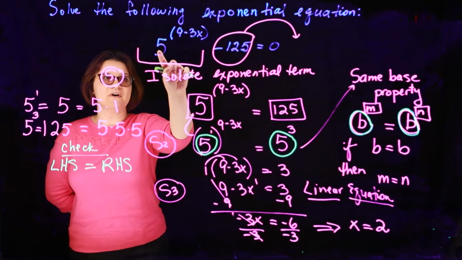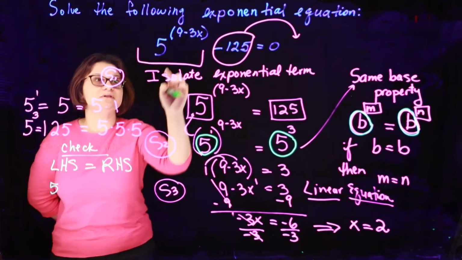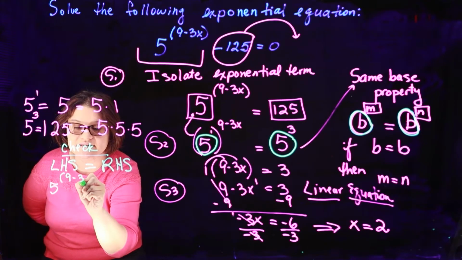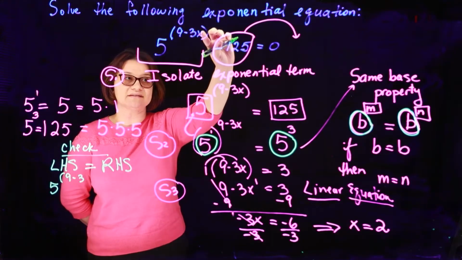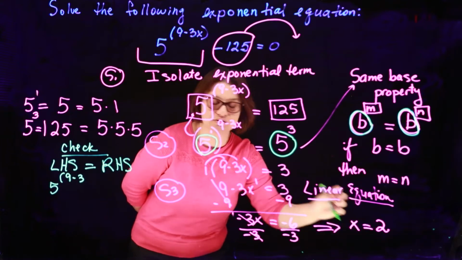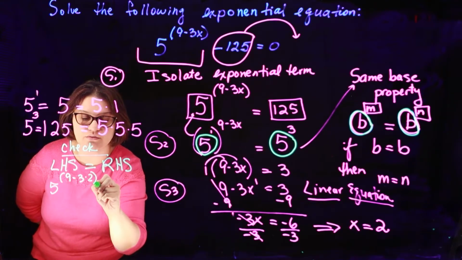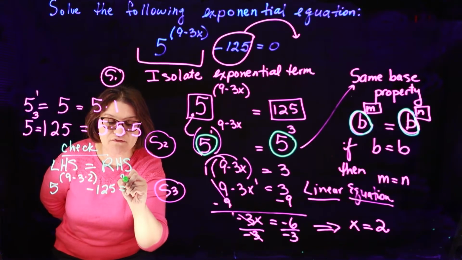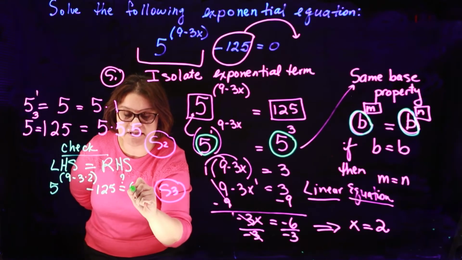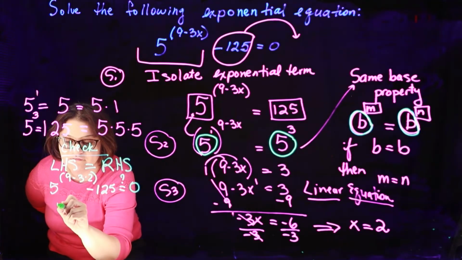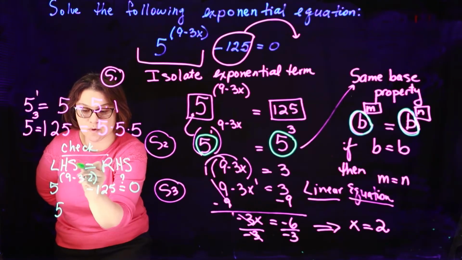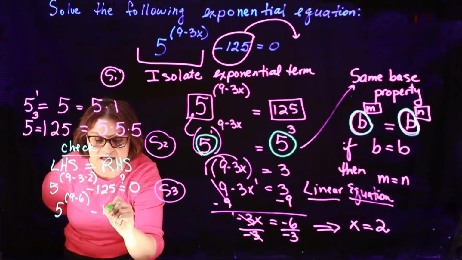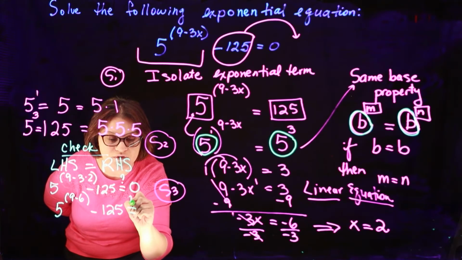Let's try and see. 5 to the power of 9 minus 3x; everywhere you have an x, and we only have it just here, we'll substitute a 2, so times 2, minus 125, and we want to know if it equals the other side, which is 0. Let's see. Remember this is your exponent: 5 to the power of 9 minus 6, minus 125. We want to know if it equals 0.